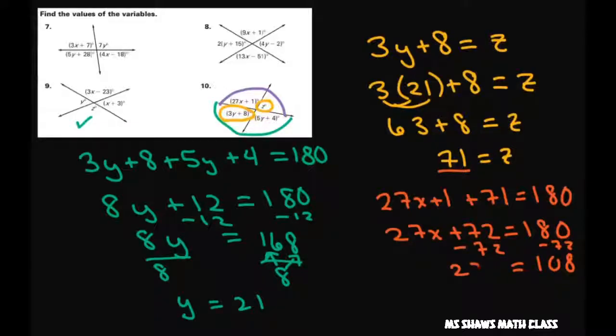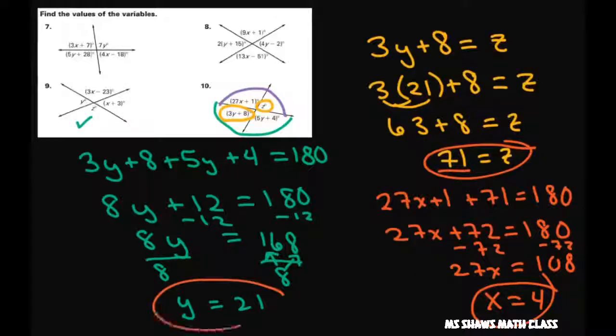Equals 27x, and divide that by 27, and you get x equals 4. So here are your 3 answers.